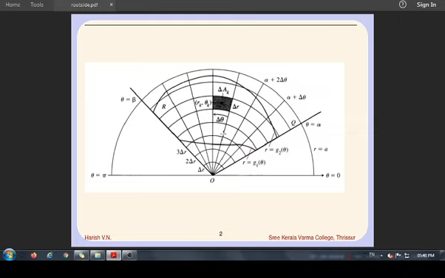So you will get this kind of grid which will cover the whole of Q. And take a typical such polar rectangle. These kinds of areas are known as polar rectangles. These are not actually rectangles, these are actually polar rectangles.